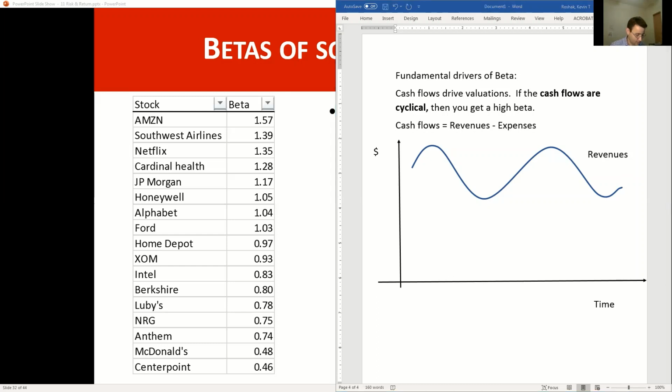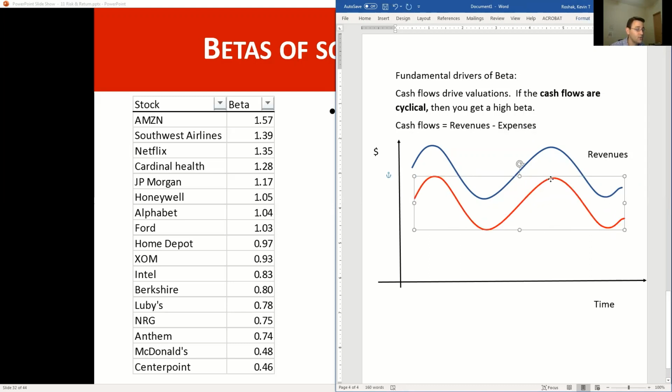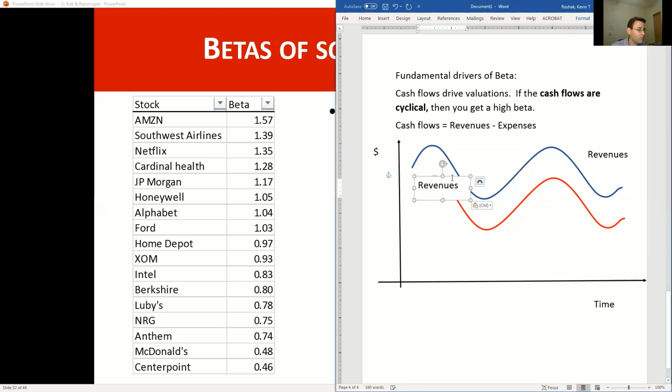However, we also have to keep track of our expenses, right? Revenues are only one side of this puzzle. What could be happening with expenses? Well, suppose this is what's going on with your expenses. We have expenses in red, revenues in blue.